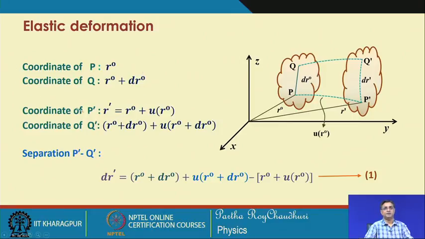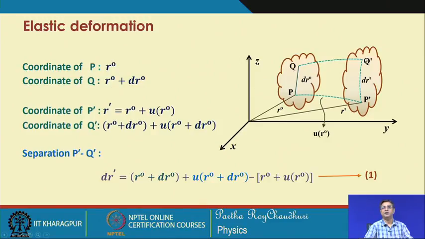So, elastic deformation. Let us first consider the deformation of an element within the volume of a medium. Let us suppose that this is the original undeformed state of an element. There are two points P and Q, whose coordinates with respect to this lab frame are given by r0 and r0 plus dr0.